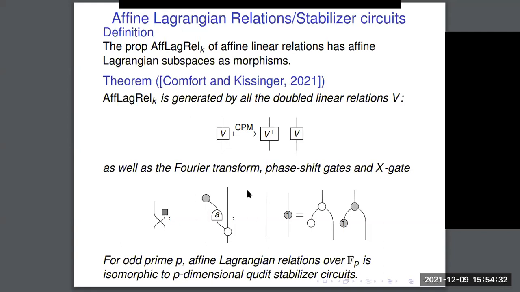Yeah, so the stabilizers are still a category of relations, but the way that you're composing the constituent parts changes when you go to stabilizers, because you can't compose things by some limit or colimit anymore.